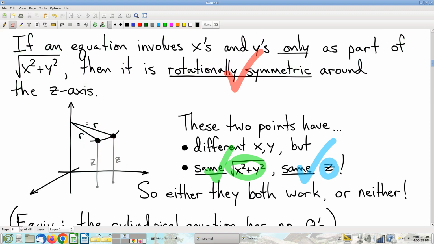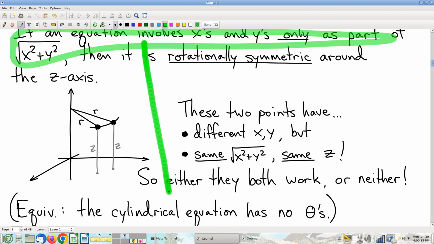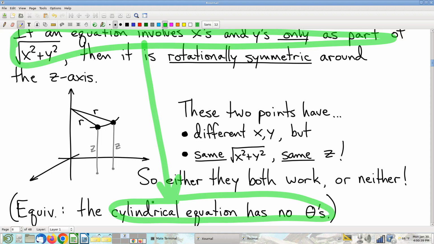Now let me give you an alternative point of view on this. Same conclusion, different reasoning. I claim that an equation like this, the cylindrical equation, wouldn't have any thetas in it. Let's think that through. How would you get thetas in a cylindrical equation? Well, when you plug in for x, x is r cosine theta.